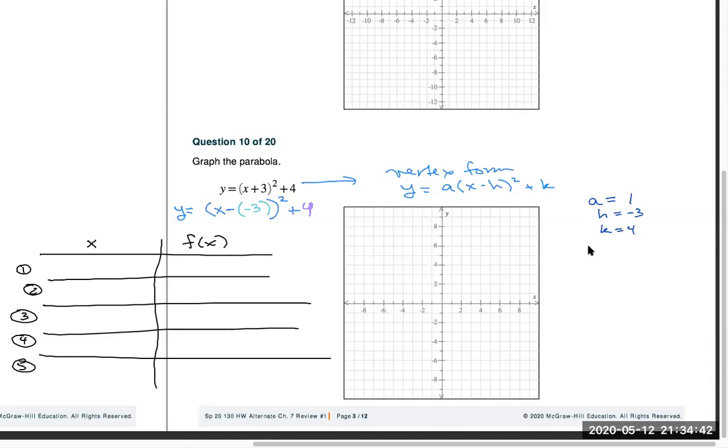Let's emphasize it. Vertex is h, k, so vertex is at -3, 4. Okay, and then from there we want to find symmetric x values about x equals -3. So some decent values you can use.